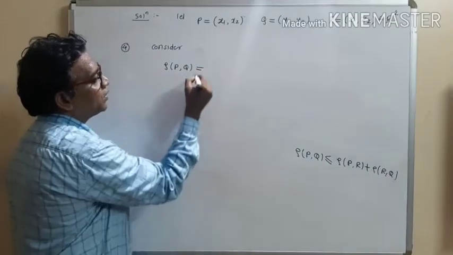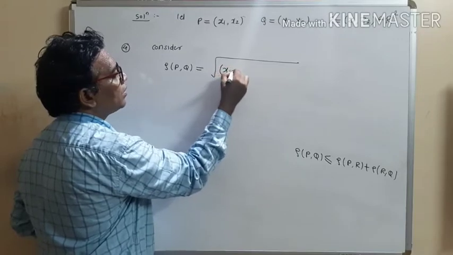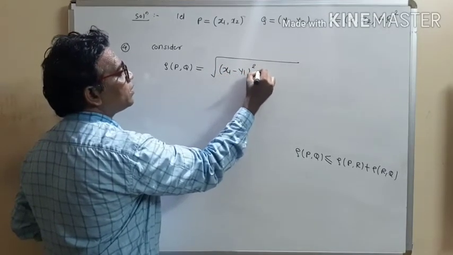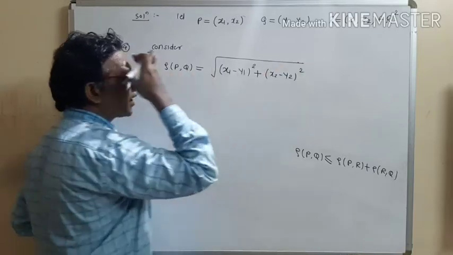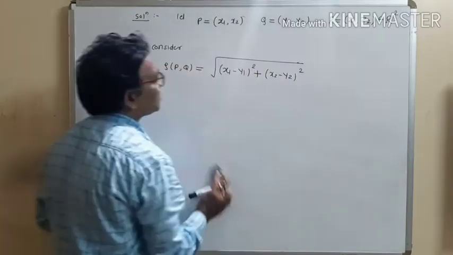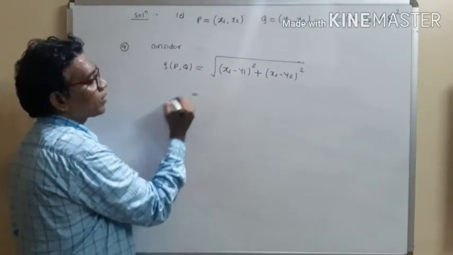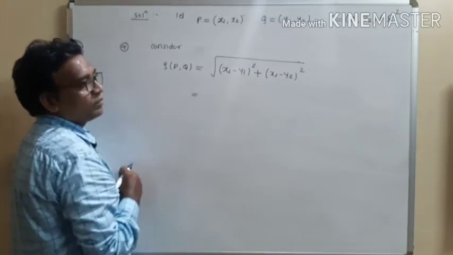Consider rho of PQ. Now put this value, the square root of (x1 minus y1) squared plus (x2 minus y2) squared. Now simplify this term. We can write this equation in compact form.